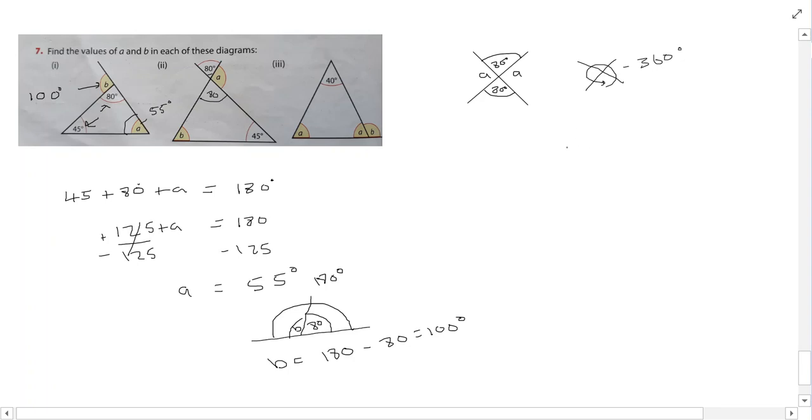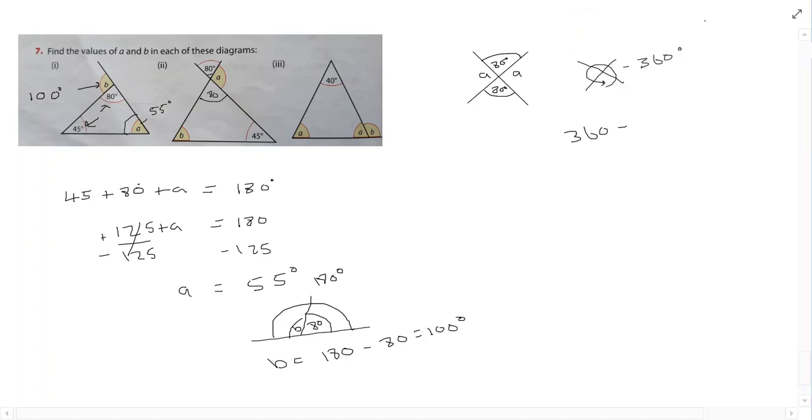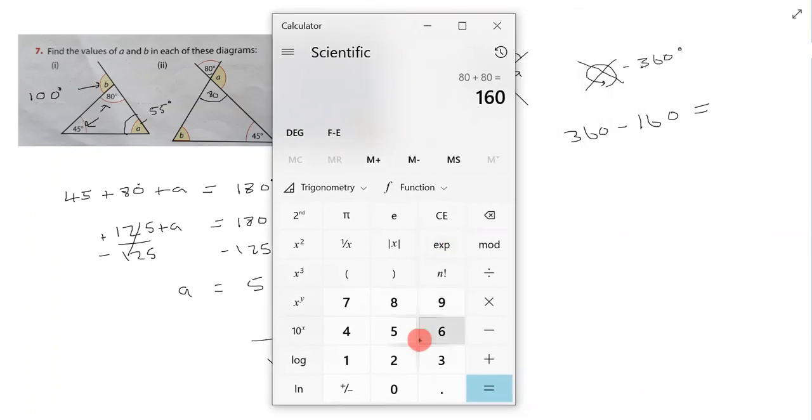If we subtract that from 360, so 360 minus 160 is equal to 200.